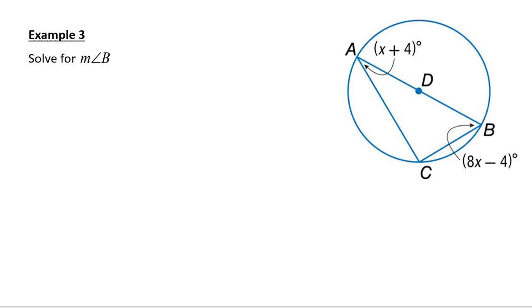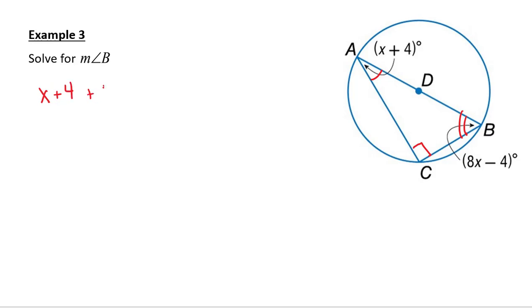Solve for the measure of angle B. So I have a diameter. I have an angle here that intercepts my diameter. So I know something super special about that. I know that that's a right angle, which tells me the other two angles, angle A and angle B, are complementary, meaning they add up to 90.